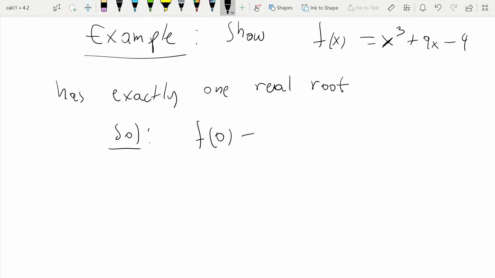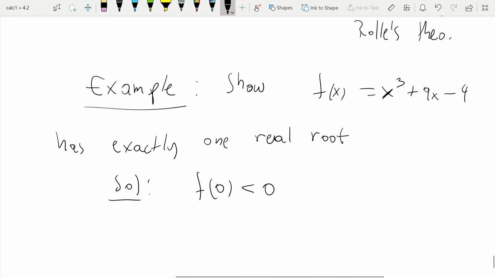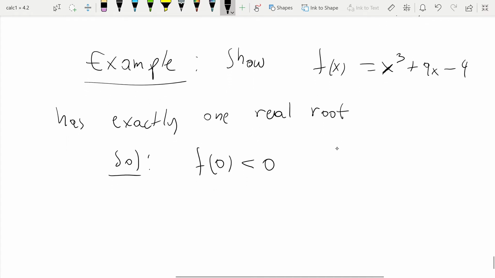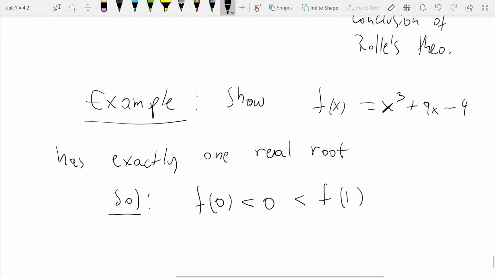So f of 0 is less than 0 because it's equal to minus 4, and this is less than f at 1. I don't know if you remember, but we saw the intermediate value theorem before the first exam, and how to apply it to find at least one real root. You plug in two values here, and 0 and 1 are convenient points.